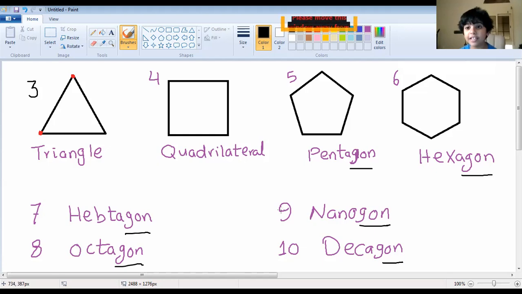There is a song like this: penta-gon, hexa-gon, hepta-gon, octa-gon, nona-gon, deca-gon. Again: penta, hexa, hepta, octa, nona, deca.